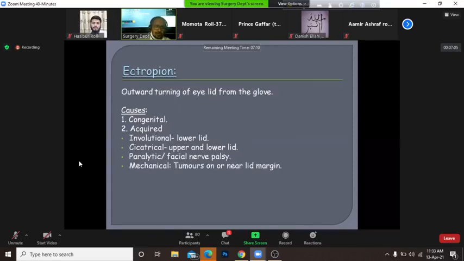Ectropion is outward turning of the eyelid from the globe.